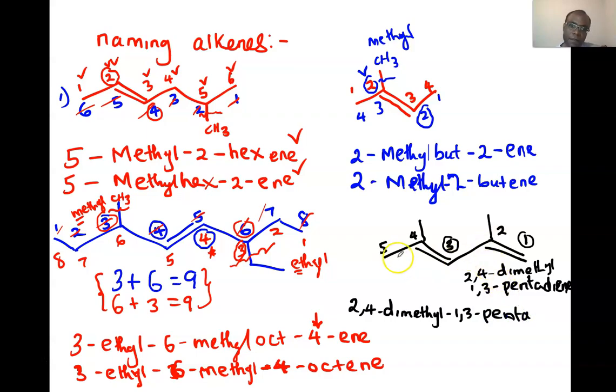Penta because it's 5 carbons. We include the A this time around because it's a diene. And then di because you have 2 double bonds. In because they are double bonds. In refers to double bonds, so diene, 2 double bonds.